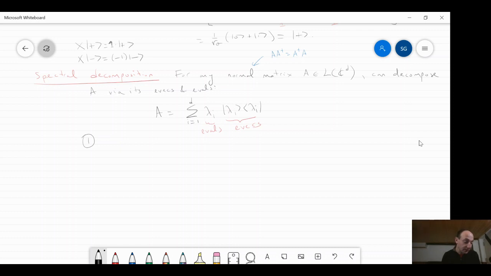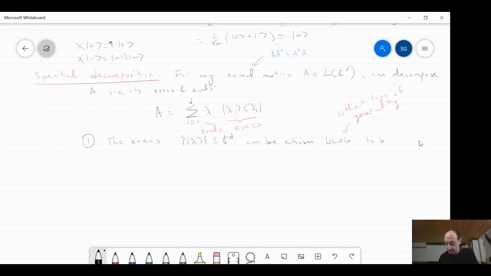Number one, the eigenvectors |lambda_i>, which are a set of vectors, some subset of C^D, can be chosen, without loss of generality, to be... Without loss of generality means that we could just assume this and we don't lose anything.